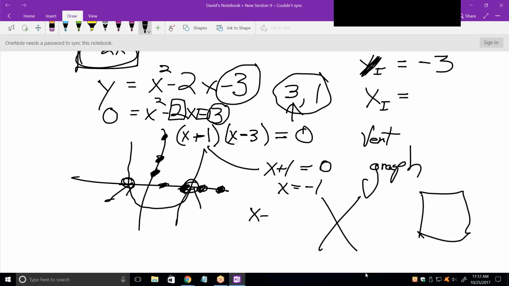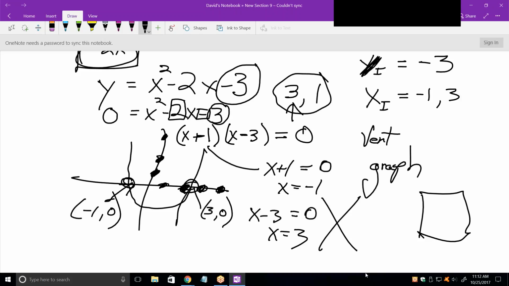And when I set x minus 3 equal to 0, I get +3. So this point is 3, 0, and this point over here is -1, 0. Those are your x-intercepts, and we can write them up here as just -1, 3. That's both of them.